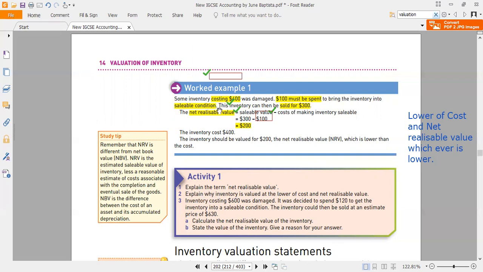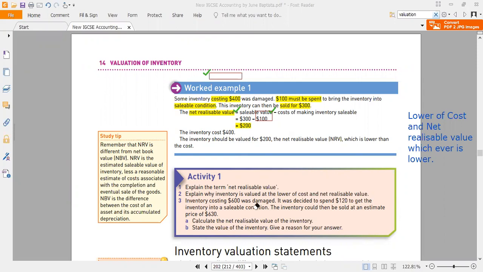You see, in this case, according to your cost it is 400, but actually this is damaged, and when you calculate realizable value, that is 200. So in this case, the value is not 400, but you have to record 200 because 200 was lower than the actual cost. So in this way, you are recording the anticipated future loss right now.